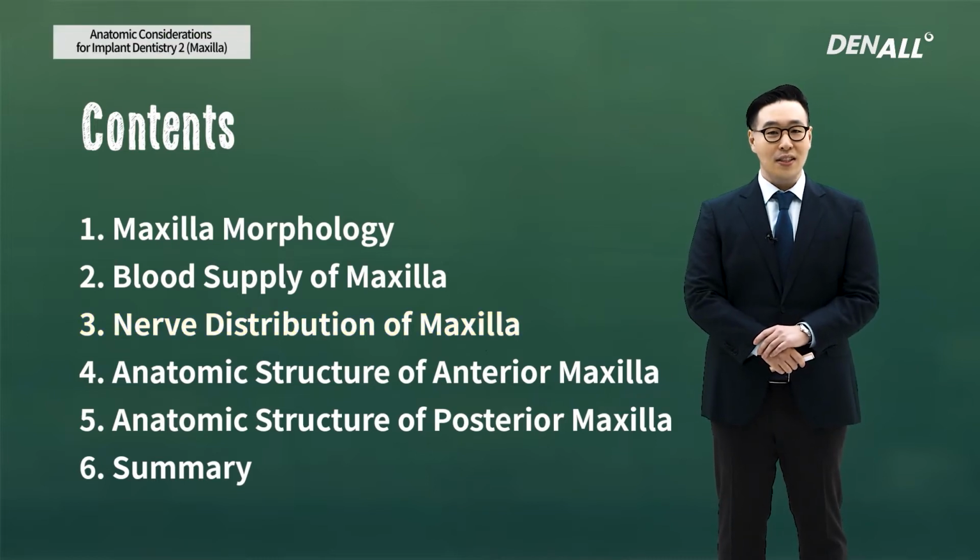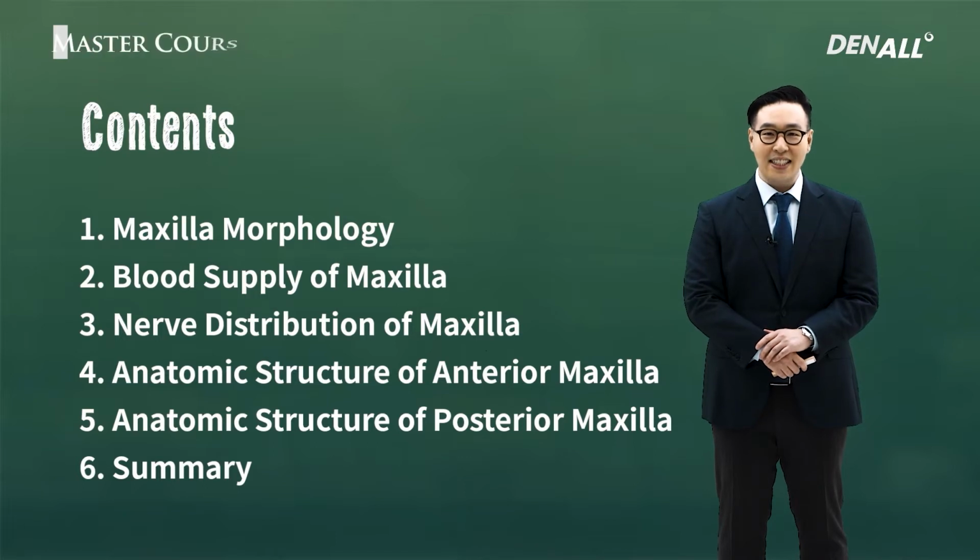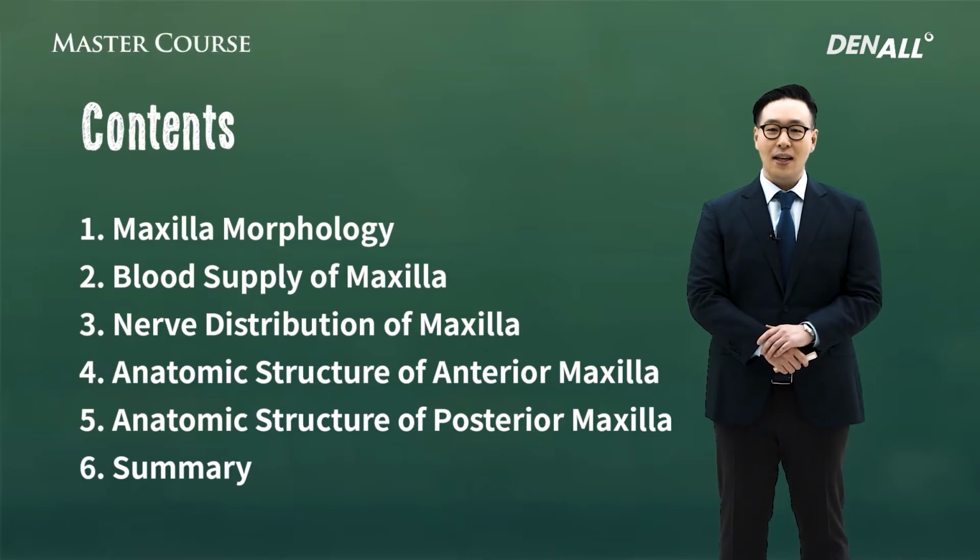Now, at school, you would have already learned about the anatomy of the maxilla, but we are revisiting this again for successful implant placement. So, if you are trying to place implant the maxillar side, what are the things you need to look out for in terms of anatomic structure for anterior as well as posterior is what I'm going to cover also.